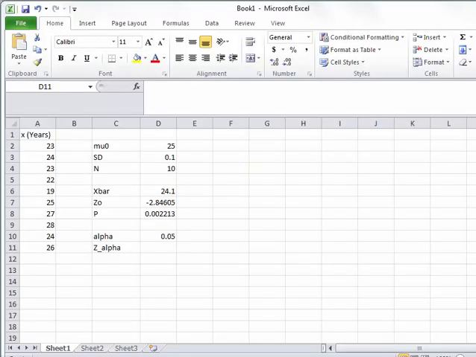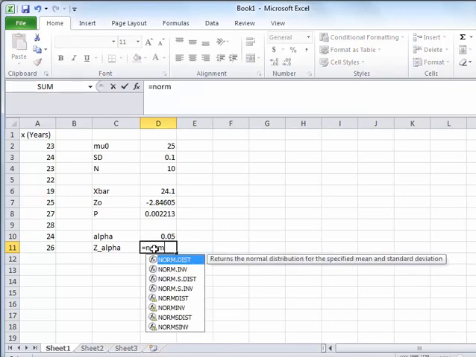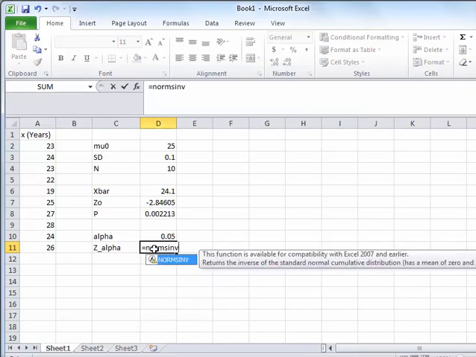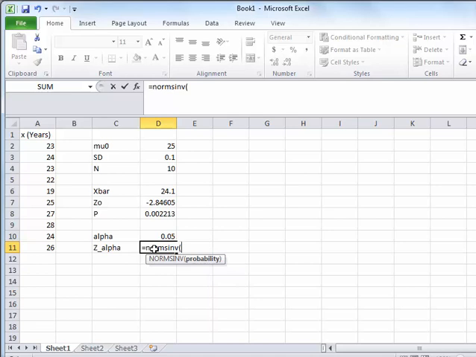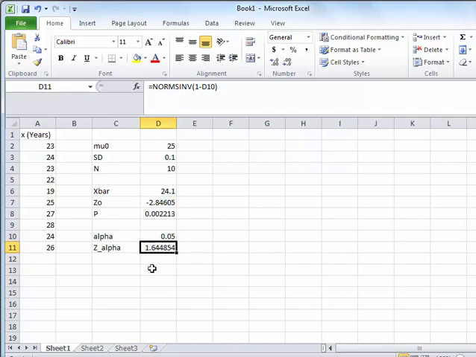So let's do that. So our z alpha value, again, we're going to use the norm S inverse function, and 1 minus alpha. And what we get is a z alpha value of 1.644.